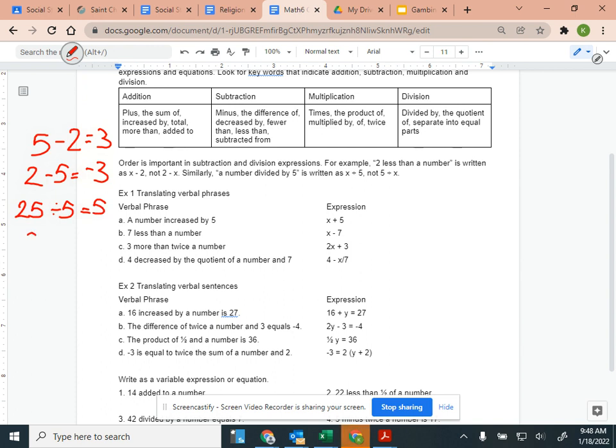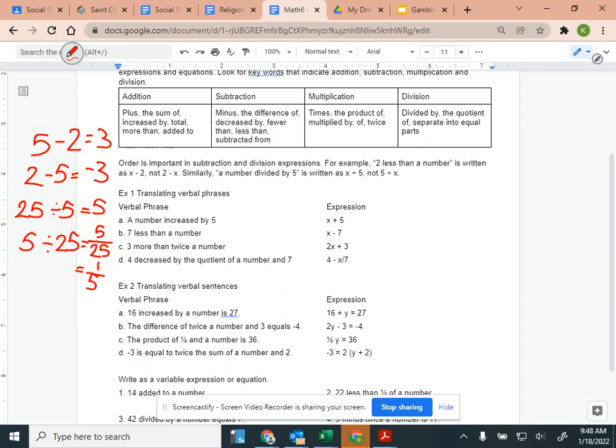But if we say 5 divided by the number, that would equal 5 divided by 25, which is 1/5. 1/5 is not the same thing as 5. So the order that you write it makes a big difference as to what your answer is going to be. So you have to pay attention.